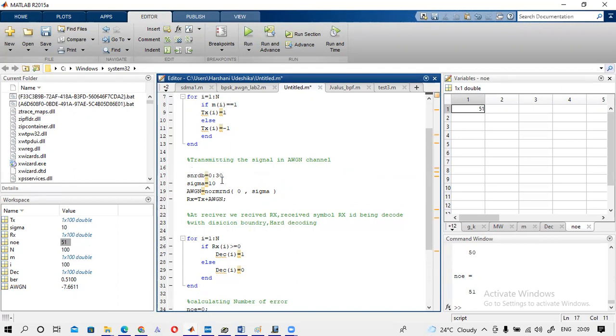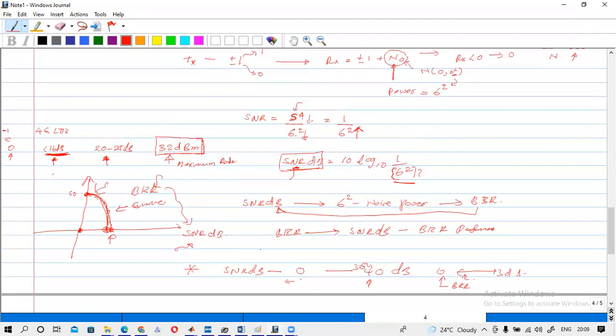Now for AWGN, there is no SNR value, so we have to change the power. You know that SNR dB is directly related with the power. How?